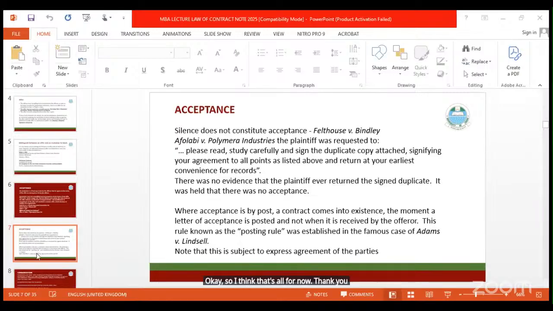Thank you, sir. Okay, so the first one: even though I didn't emphasize heavily on it, I'm saying that as a general rule, silence does not amount to acceptance, except where that silence may be construed as acceptance. So it becomes a question of fact and circumstance. And one thing about law is that when you start by saying the general rule is, then there's always an exception at the end of the tunnel.